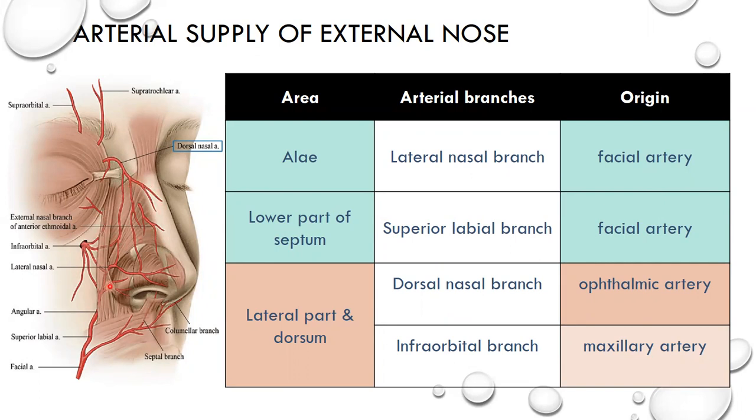So the nose is supplied by the facial artery, ophthalmic artery, and the maxillary artery. They are branches.